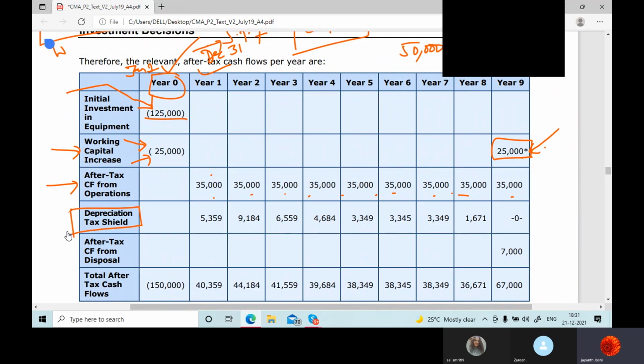So depreciation tax shield is nothing but a tax shield. Why? Because it is supporting you and helping you from additional taxes. It is shielding you from paying additional taxes. It is saving your cash. It is giving you cash savings and preventing you from paying additional taxes.